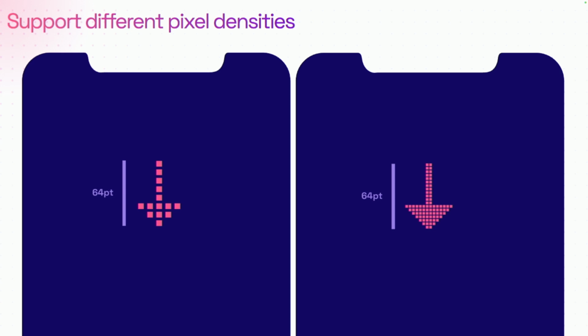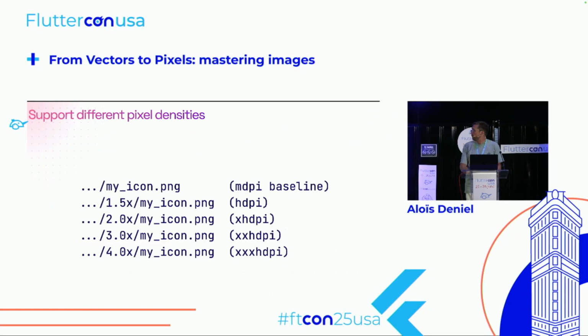So on two different devices, you could have two different screens with two different pixel ratios, and if you have a widget of a given size on one device, it will have a different amount of pixels on the other device with the same size. So for that, you have a built-in system in Flutter to provide different assets in different directories, and it automatically loads the right assets given the pixel ratio of the device.